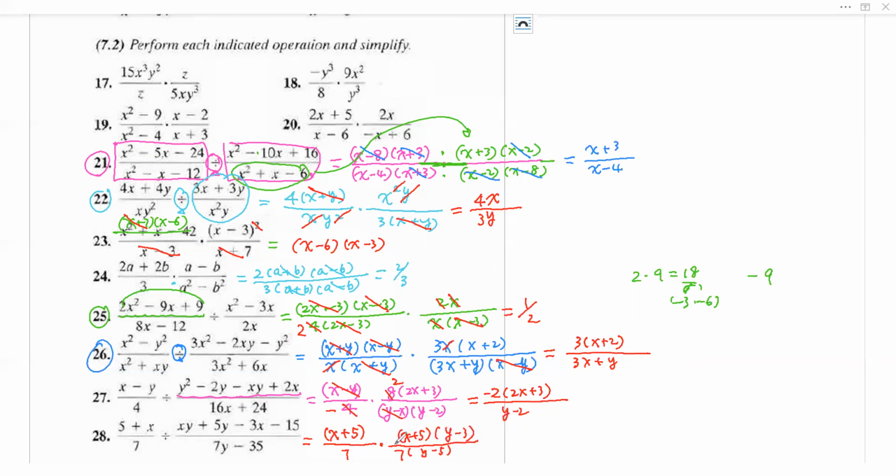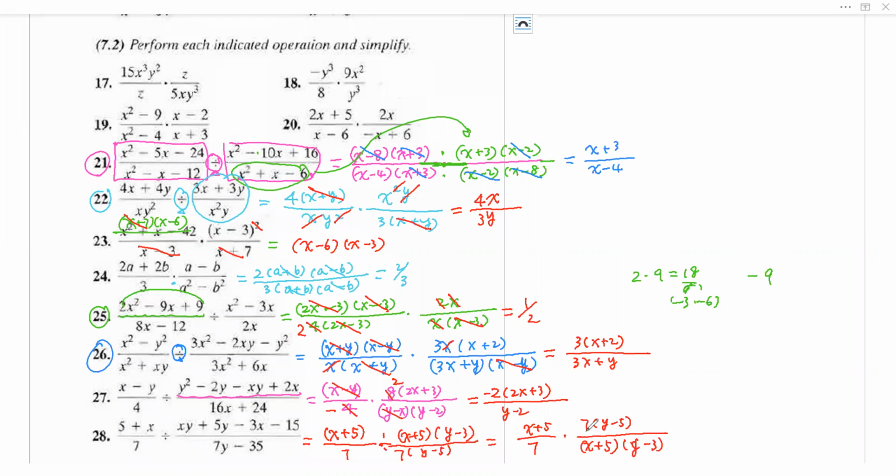All right. So you guys can do that one, right? Oh, sorry. I forgot to flip it over, right? So I needed to change. I need to do a further step. So it became times, right? So 7 over y minus 5. And here, my drawing is a little bit smaller because it's too tight.